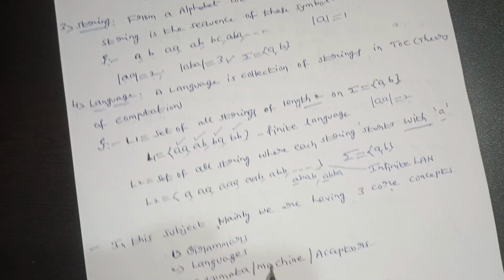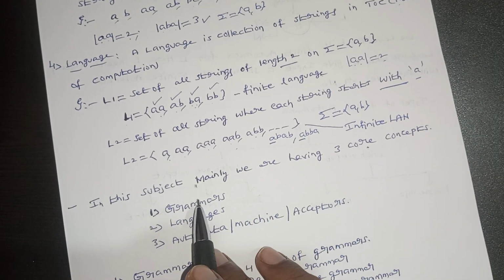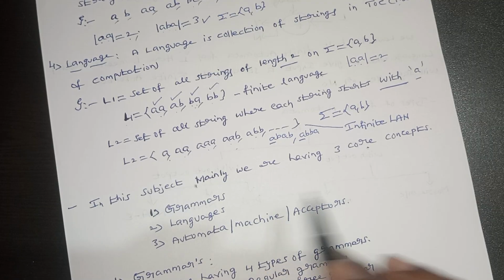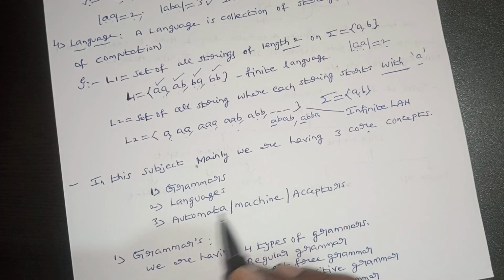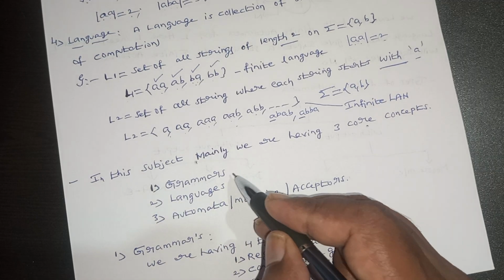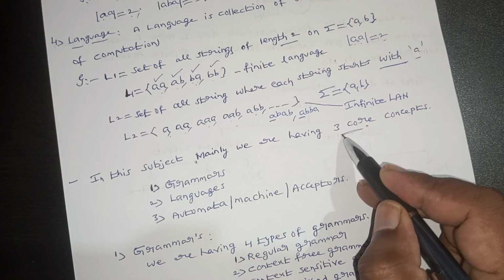Okay, next one. Basically, when you see the syllabus of the subject, it looks like a very huge syllabus. But when you summarize it briefly, we are having only three core concepts.